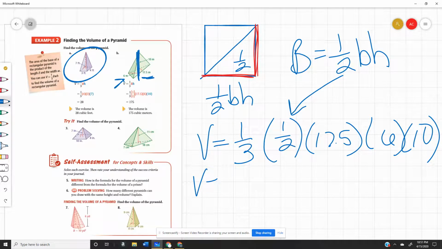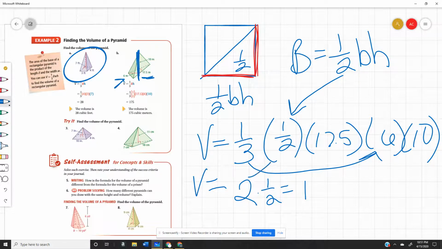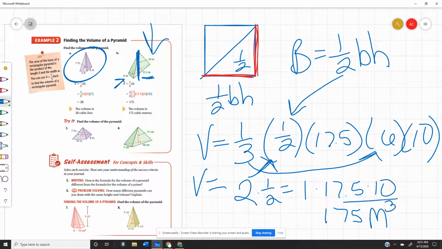Okay, so 1/3 of 6 is 2. So then I have 2 times 1/2, which is going to be 1. I'm just working it out here. So then I have 1 times 17.5 times 10. 17.5 times 10 is 175. So for this one right here, the volume of that triangular pyramid is 175 meters cubed.